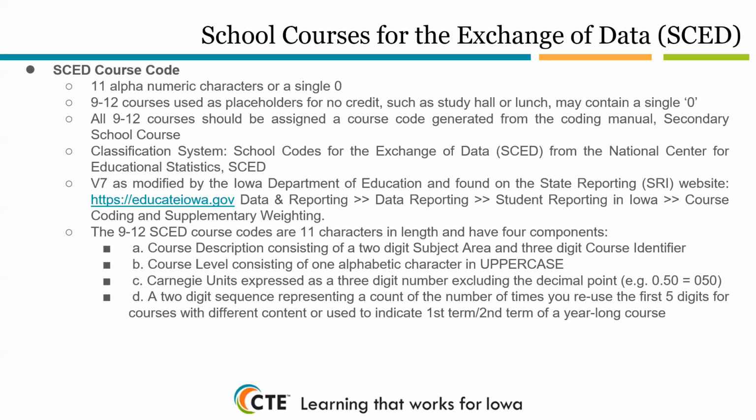A course level consisting of 1 alphabetic character in uppercase. Third is Carnegie units expressed as a 3-digit number. For example, 0.50 equals 050, half credit, or a half of a Carnegie unit. And the fourth main component is a 2-digit sequence representing a count of the number of times you reuse the first 5 digits for courses with different content, or used to indicate first term, second term of a year-long course, etc.